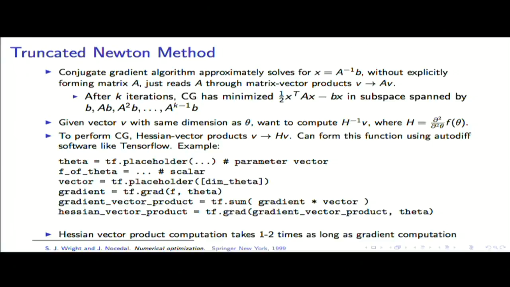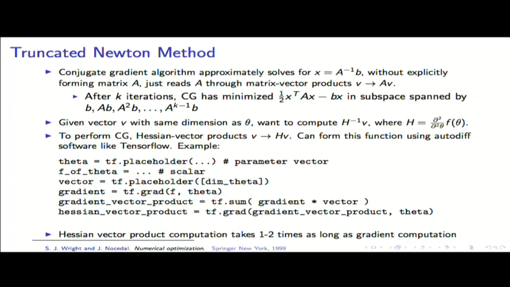What conjugate gradient is going to do is come up with a series of vectors v, and plug them into the Hessian vector product function. There's going to be a vector passed in at each iteration to our Hessian vector product function.